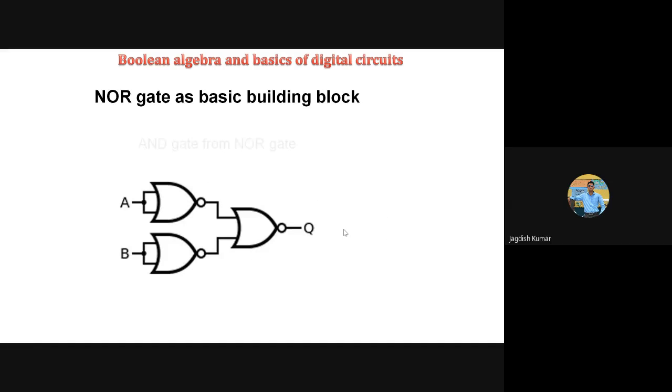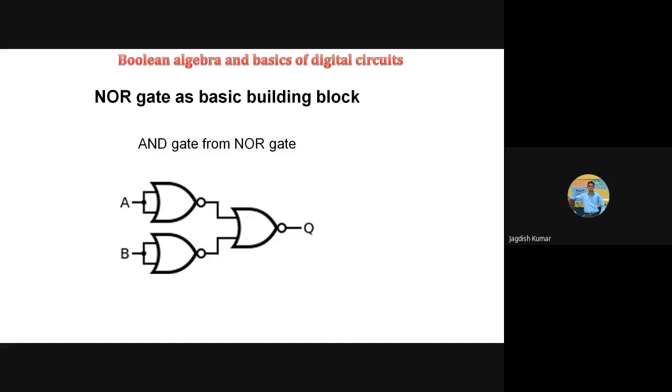And we can also get an AND gate from a NOR gate. So these basic circuits should be there in your mind. You should be aware of these circuits, how we can build an AND gate from a NOR gate. So that's all for today, how we can get all the basic gates from these.